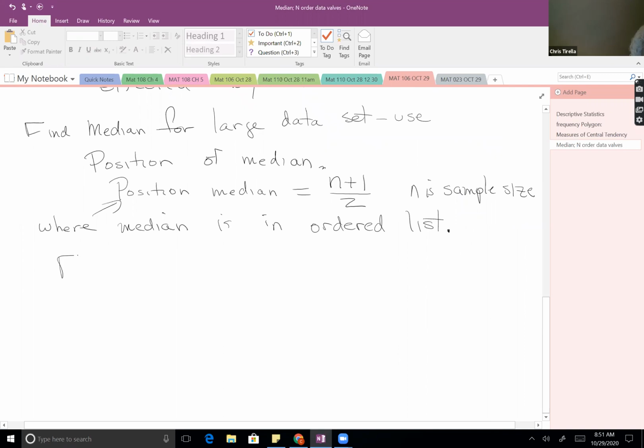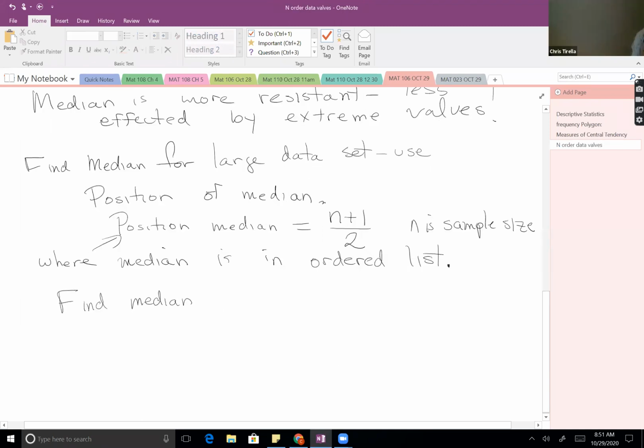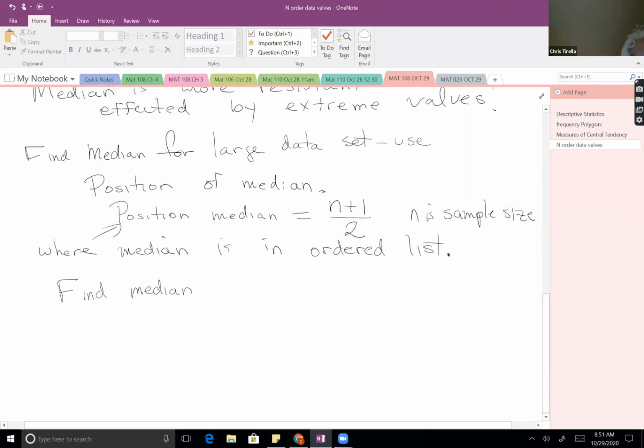Sometimes you're asked to find the median. I have a question really quick. Yeah. So for the position median and how you wrote down it equals n plus 1 over, is that a 2 or a z? That's a 2. Okay, because I was like, wait, what does the z mean? That's a 2. And I apologize. I guess we haven't used z very much as a variable.